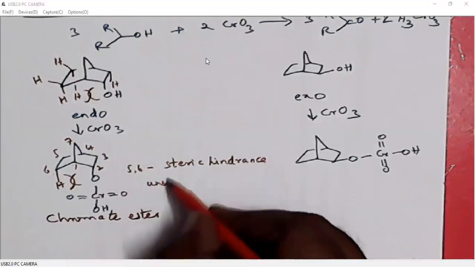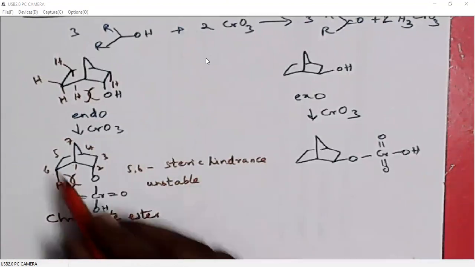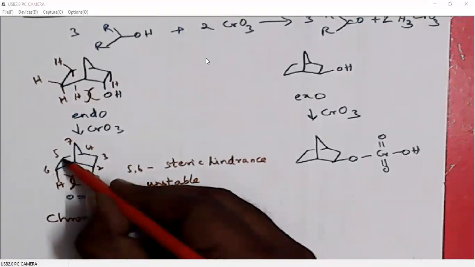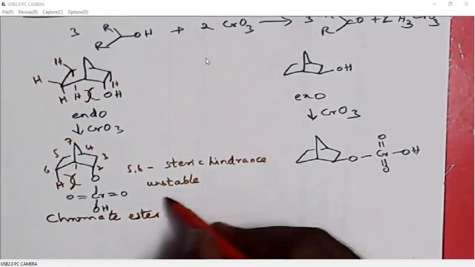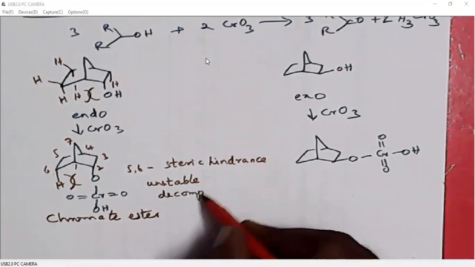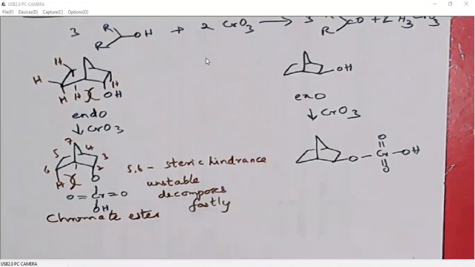That means it has strong repulsions with hydrogens from here or from here. So it is unstable, so it decomposes very fast. That means oxidation of this alcohol is easy.